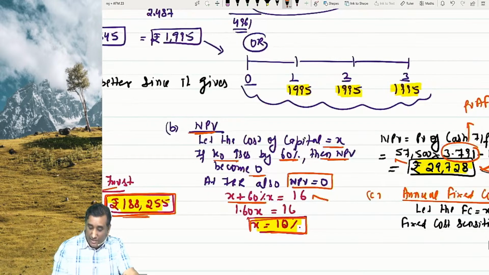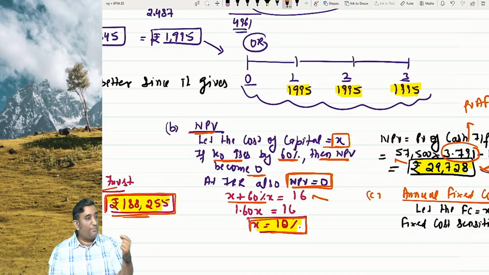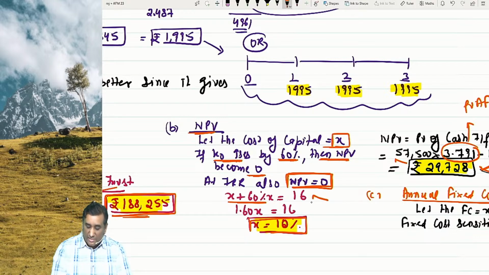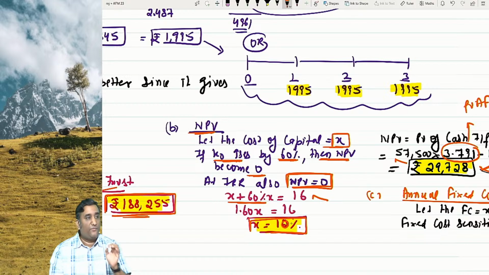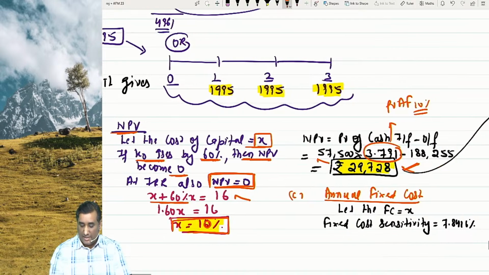Second part we said let the cost of capital be equal to X. Ko increases by 60%, NPV will become 0. At IRR also we know NPV is 0. That means at 16% NPV would be 0. So when we solve X plus 0.6X equals 16 we get 10%. If cost of capital is 10%, to calculate NPV, it will be annual CFAT into annuity factor at the rate of Ko minus outflow, and I get NPV as this.